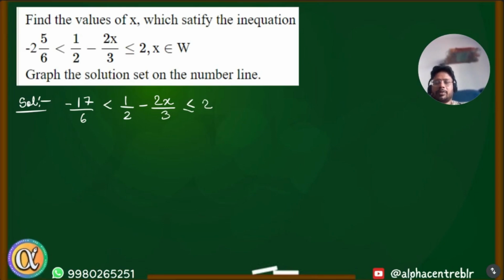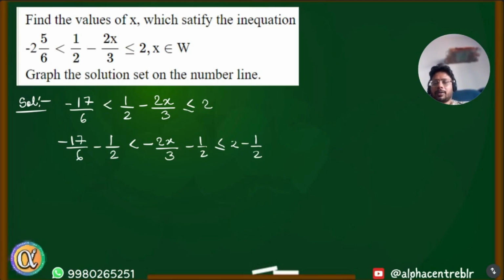Now, the first thing we do is get rid of this 1 by 2. For that we subtract 1 by 2 from the entire inequation.